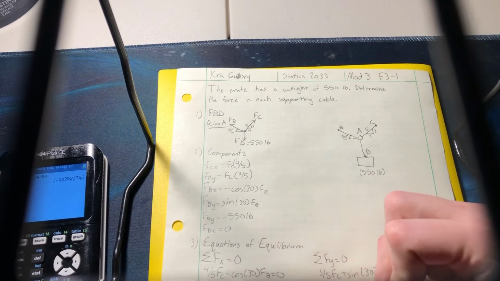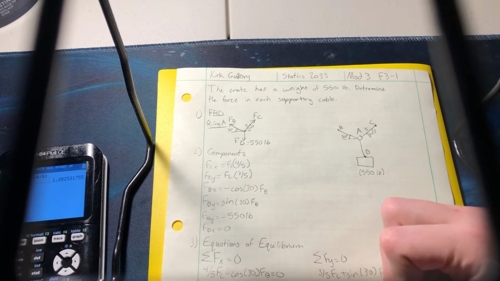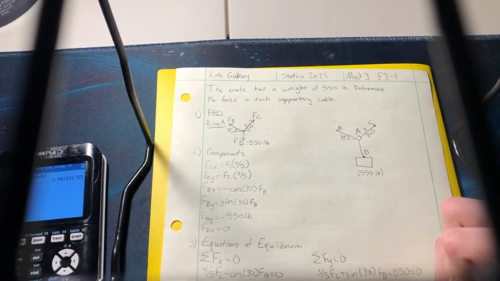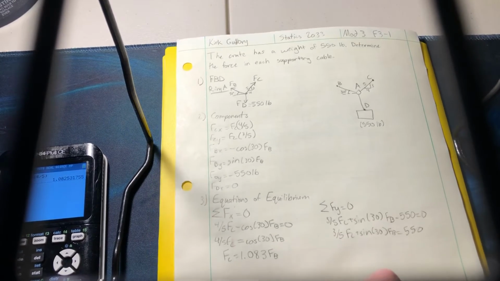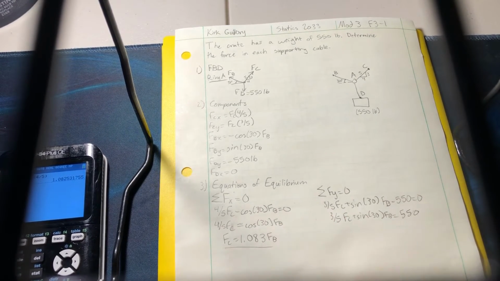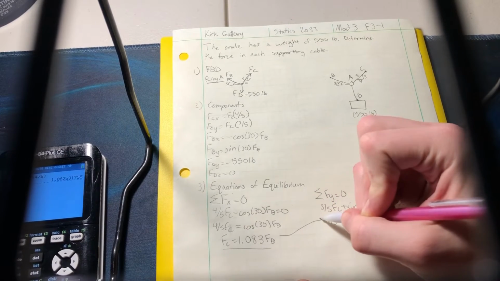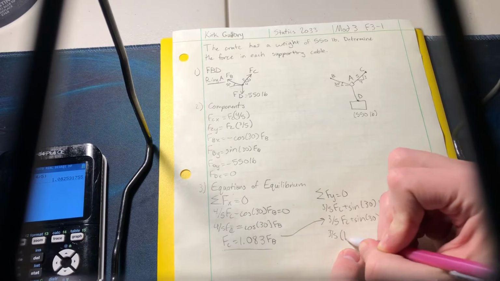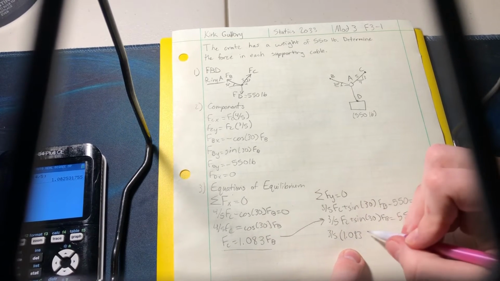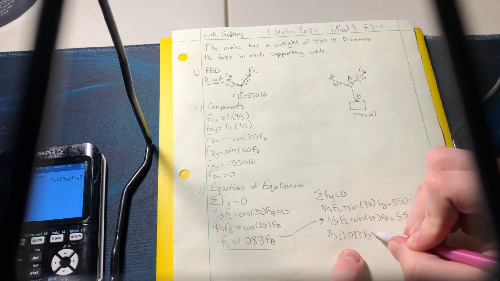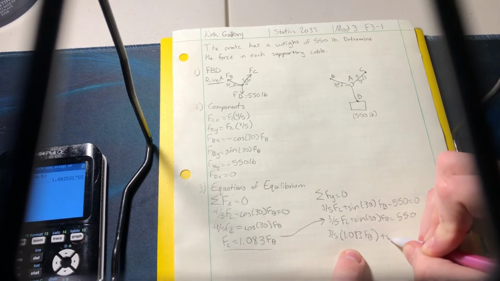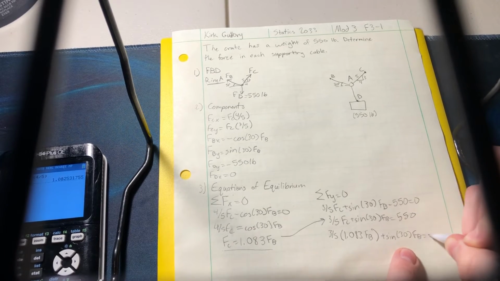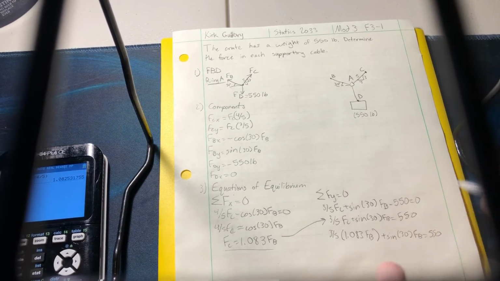We're going to set 3/5 FC plus sine of 30 FB equal to 550. And then we're going to take this value from earlier and plug it into FC right here. So 3/5 times 1.083 FB plus sine of 30 FB equals 550.